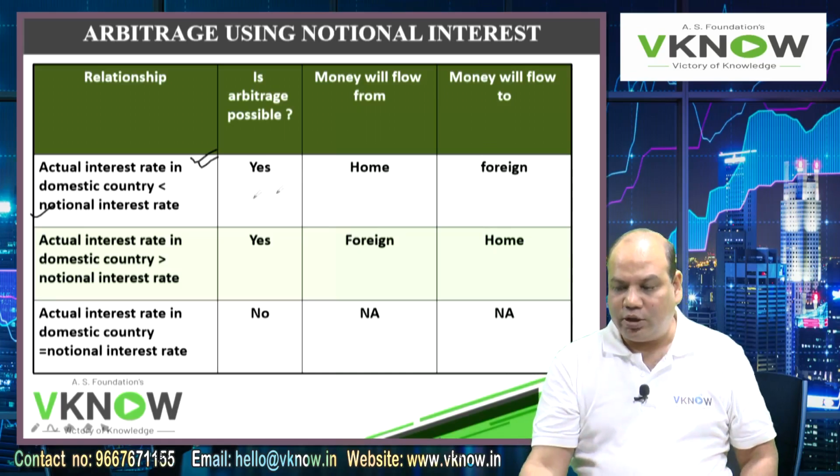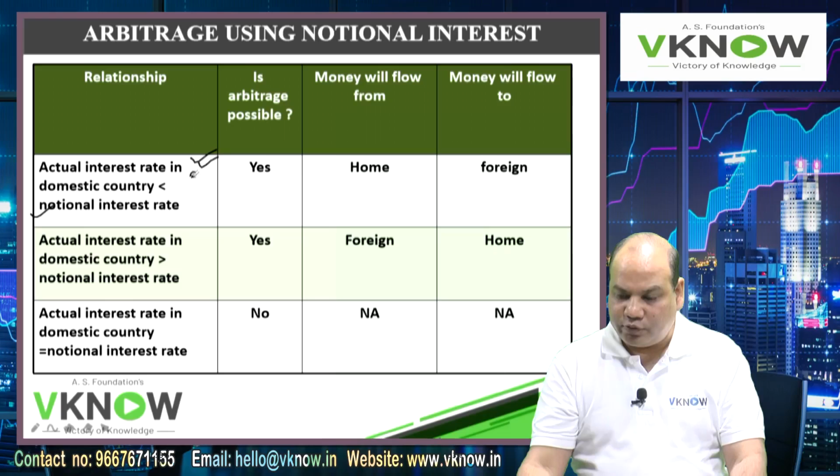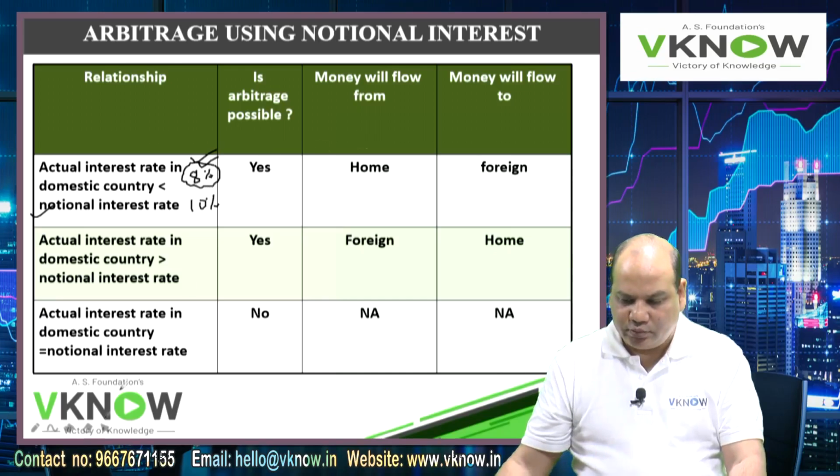The answer is money will flow from the home country to the foreign country. So if actual is 8 and notional is 10, borrow in home country, because you can borrow at a lower rate than what it should be, and then invest in foreign country. Arbitrage is possible.